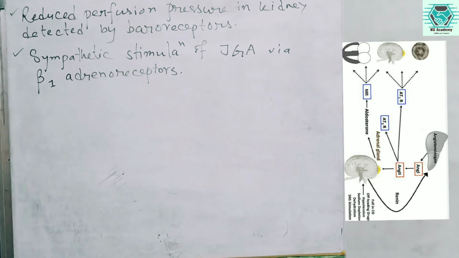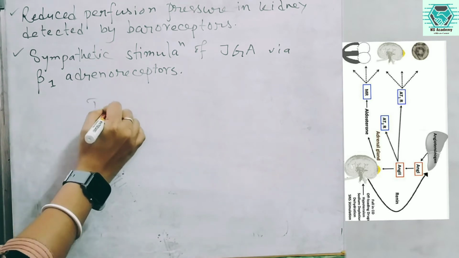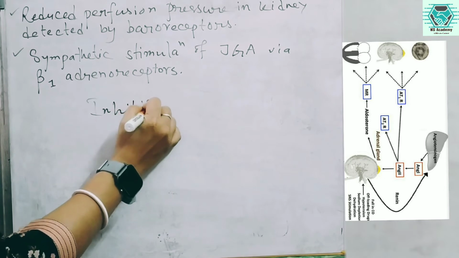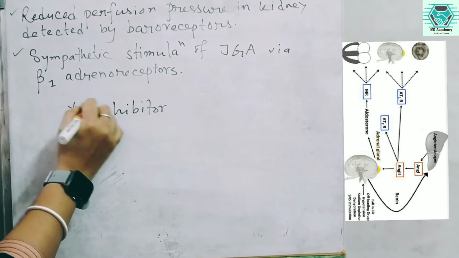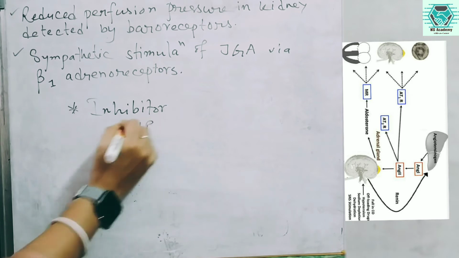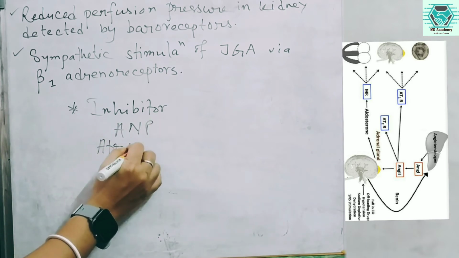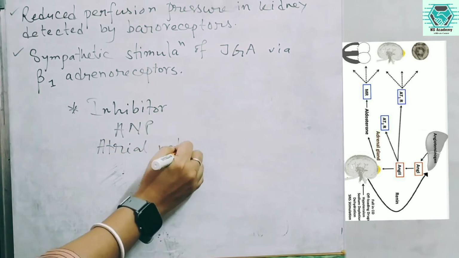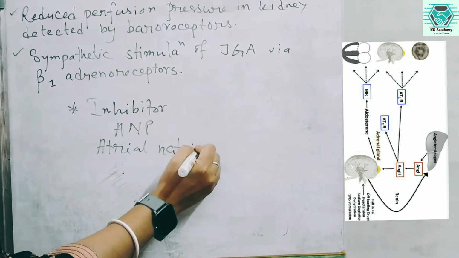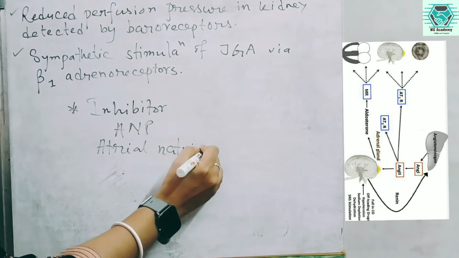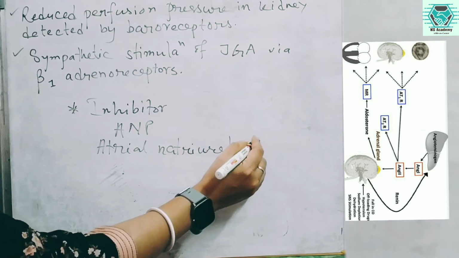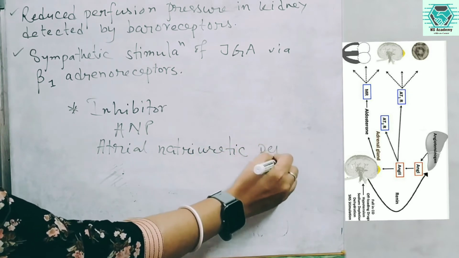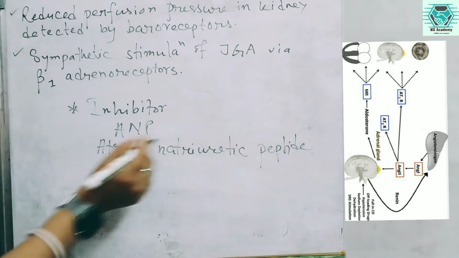This renin release is inhibited by the atrial natriuretic peptide, that is ANP. So which one is the inhibitor? The inhibitor is ANP, that is atrial natriuretic peptide.